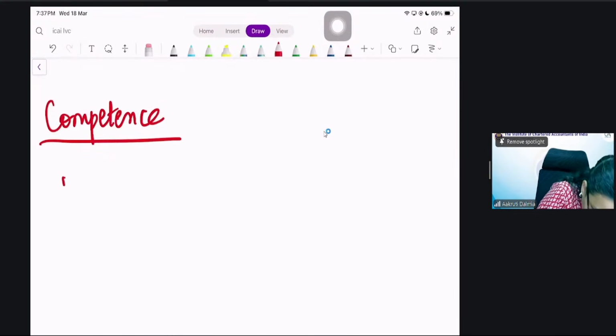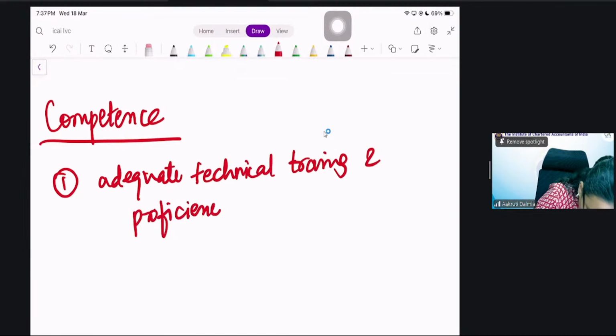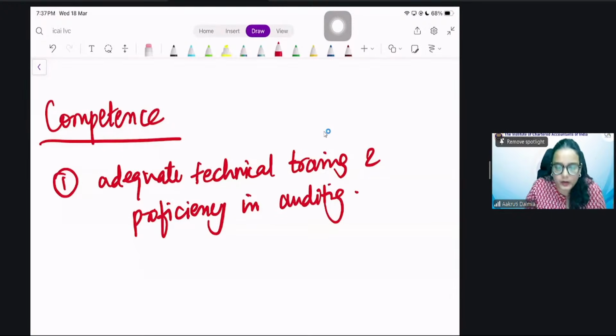Competence means, first, I will see whether the internal auditor has adequate technical training and proficiency in auditing. Whether the internal audit function has proper training, and proficiency means expert level, detail-oriented knowledge in auditing. So first you can check that.